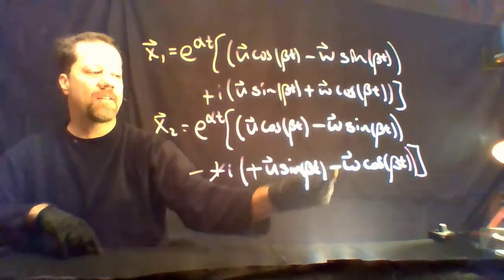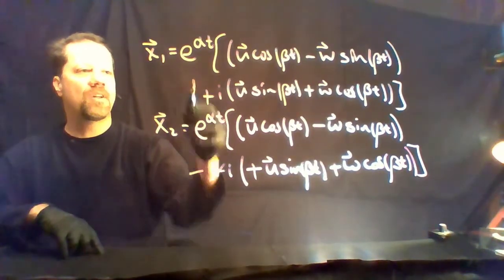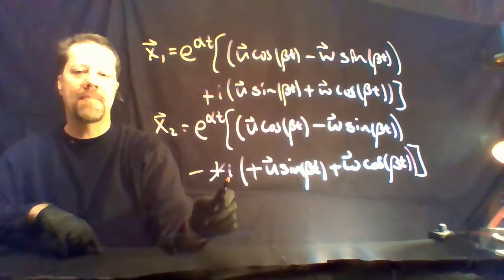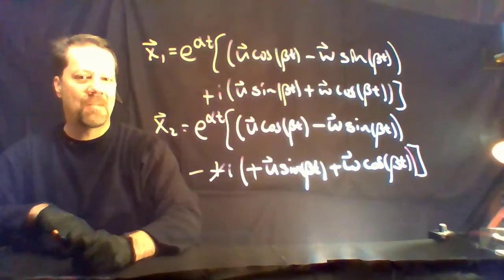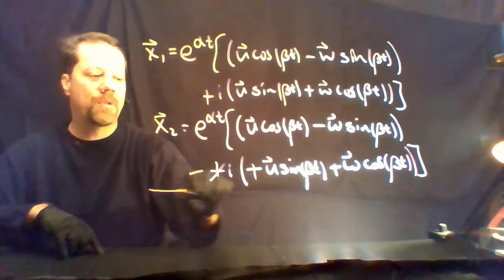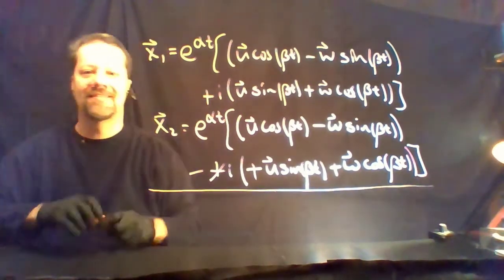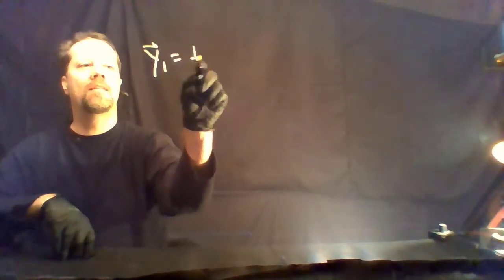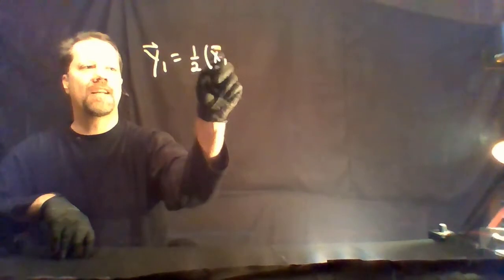These last two terms both have a minus. We'll factor that out. And so these two differ only by the sign of the imaginary part. I'll bet you can figure out how we're going to construct real-valued solutions from these two now, especially if I put a big line underneath. You guessed it, we can form y1 by taking the average of x1 and x2.